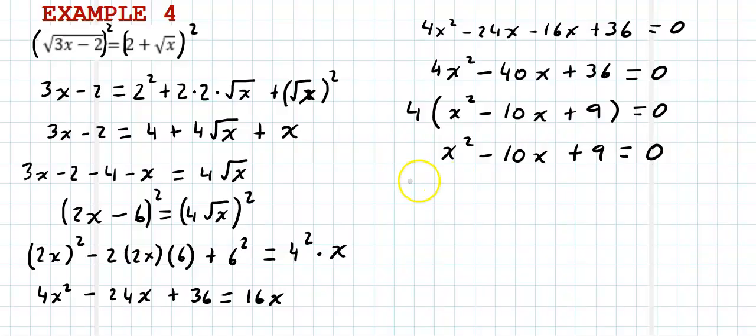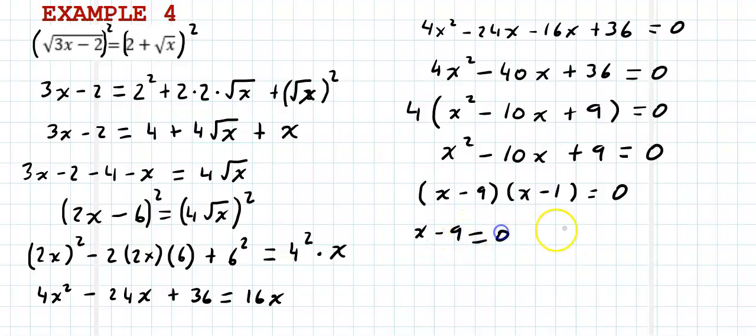And now factor the polynomial: x minus 9 times x minus 1 equals 0. Now the solutions are x minus 9 equals 0 and x minus 1 equals 0. One solution is x equals 9 or x equals 1.